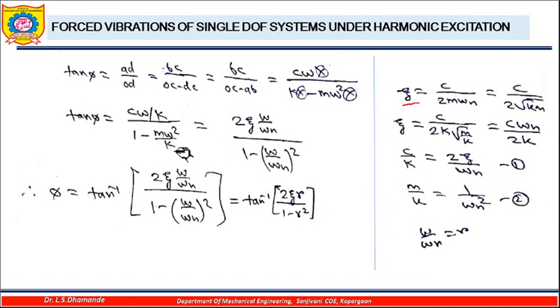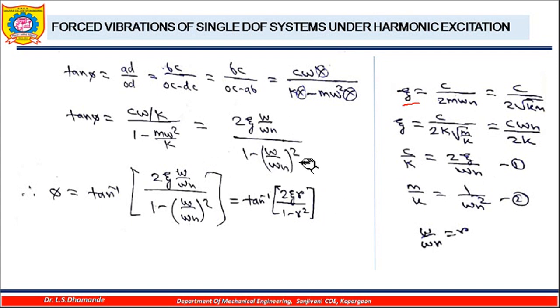Similarly, I have to replace the m by k value. m by k is equal to 1 upon omega n square. Also we use omega by omega n, the ratio of excitation frequency to natural frequency, which we call r. Putting this substitution in the equation of tan phi, C by k is replaced by 2 zeta by omega n, and omega was already there, so we get 2 zeta omega by omega n, and 1 minus (omega by omega n) square.